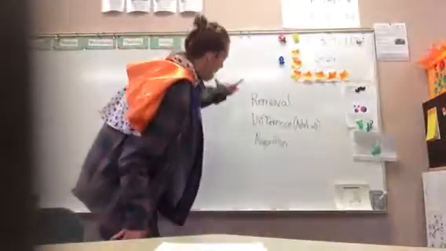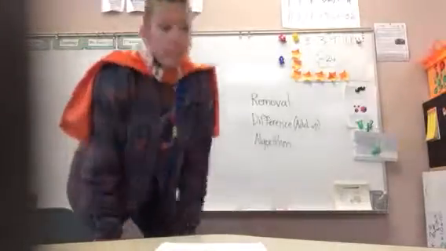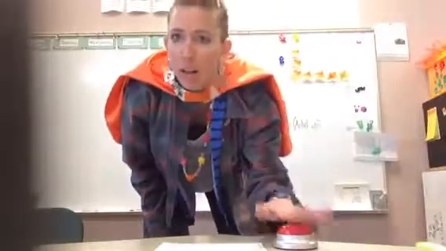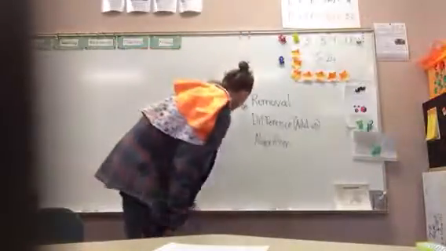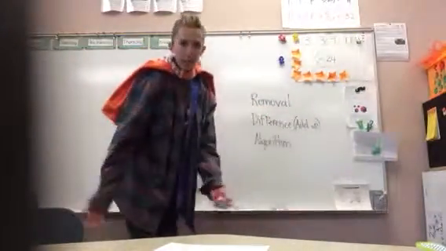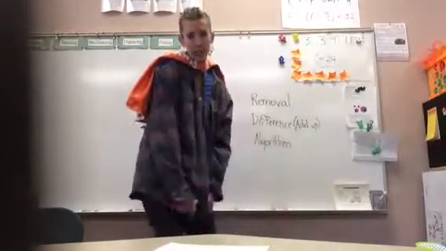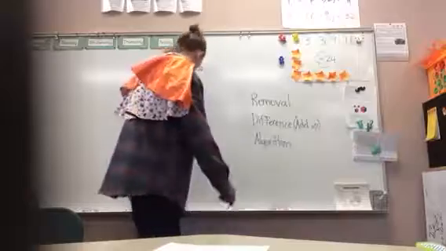We're going to look at some subtraction strategies, but a new one that's going to make you go, yeah! And you might even say, that was easy. So let's see. We're going to have the removal strategy, which we've talked about. We're going to have the difference, the adding up strategy, which we've talked about too.